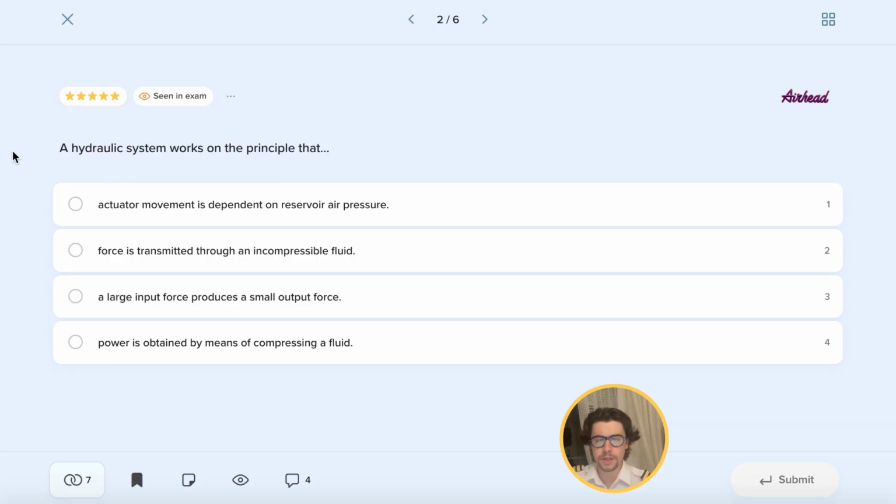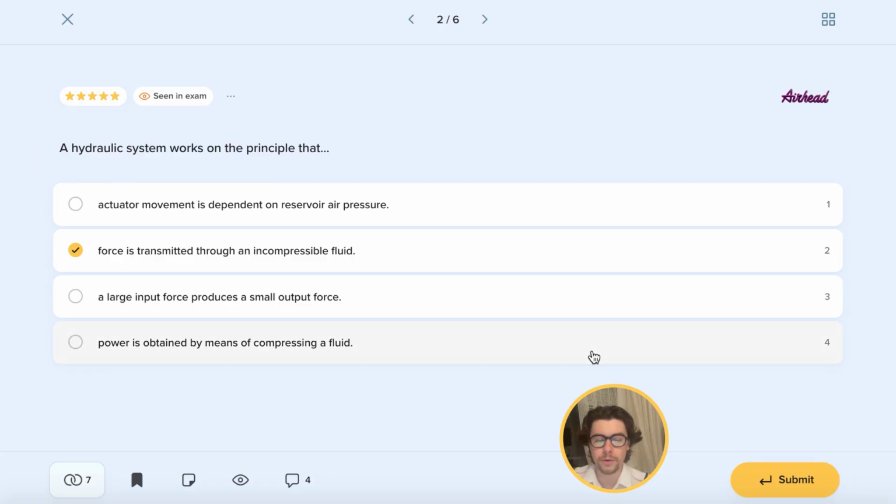And of course, in this particular example, the forces transmitted for an incompressible fluid will be the correct one, as if the fluid was compressible, then we would not be able to take any advantage of any hydraulic system.